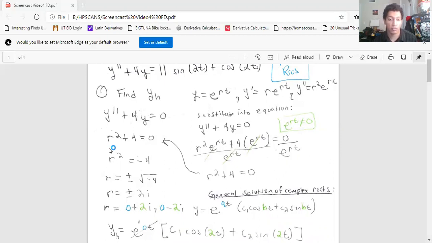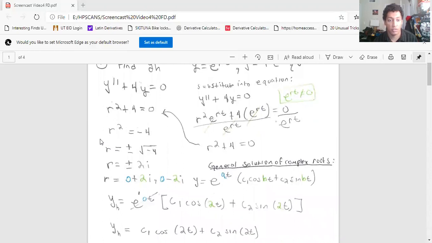You can use the quadratic formula to find r, but you don't have to, so I just subtracted 4 from both sides. So r squared equals -4, take the square root of both sides, and I get r equals plus or minus 2i. Then you put it in this form, a plus bi, a minus bi, which is the general solution when you have complex roots. Here a equals 0 and b equals 2.